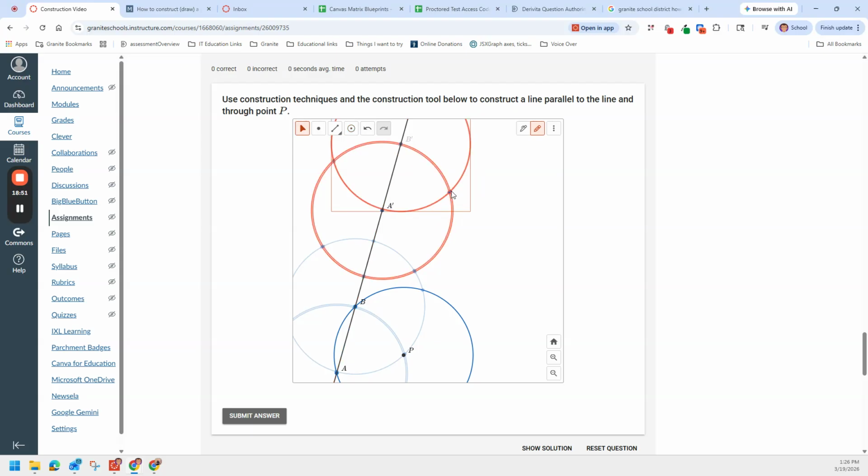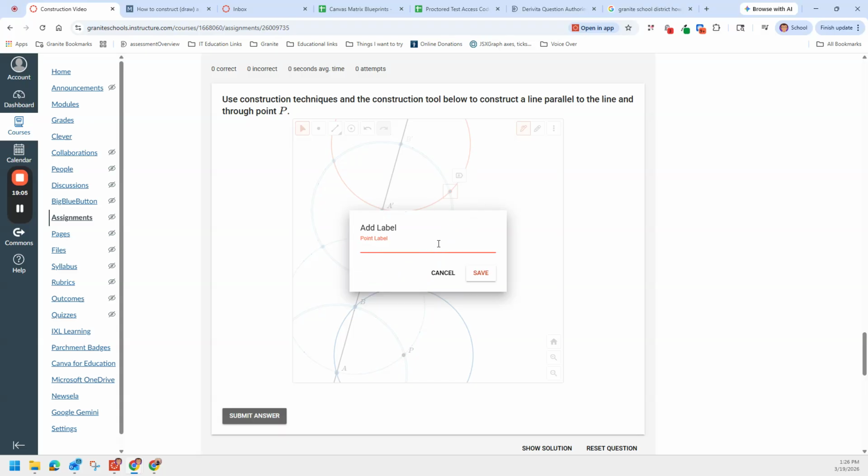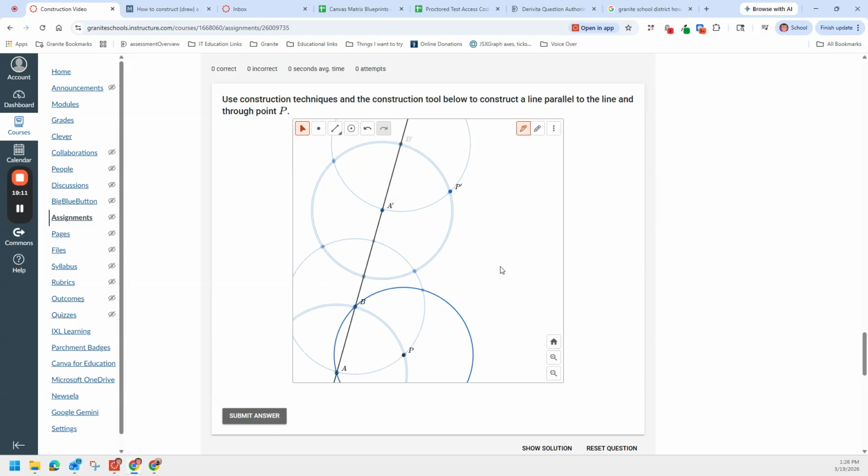And now where my A prime centered circle that goes to P and my B prime centered circle that goes to P intersect, that point right there is going to be our P prime, our new P. Now this is not the only way we could have done this, but pretty much all variations are going to be that.